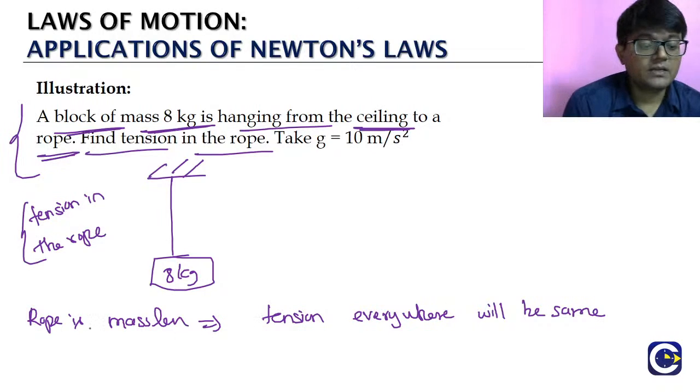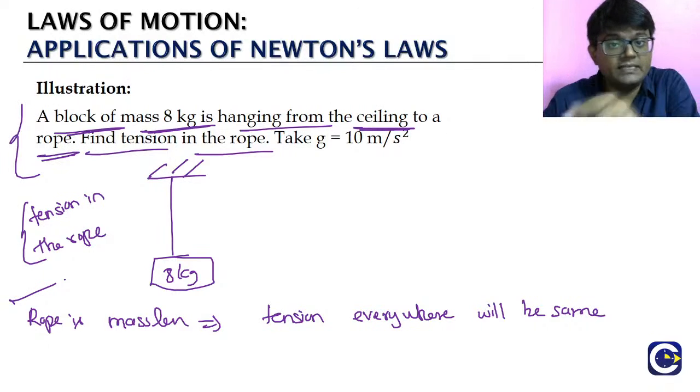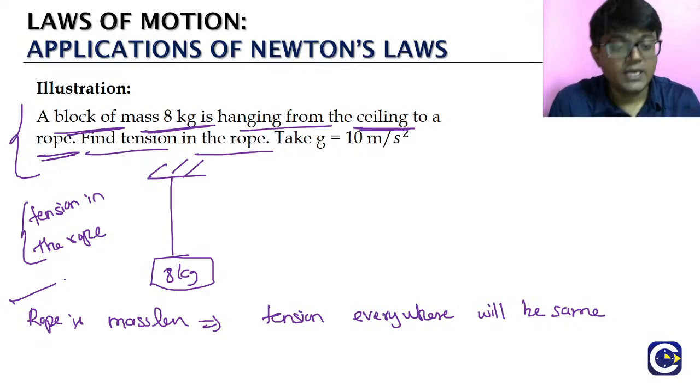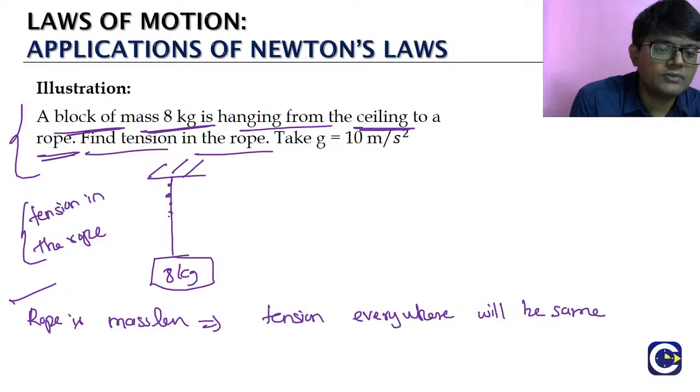But when the rope is rolling over a pulley, there is a different set of assumptions. Already we talked about it, but when we go to the specific problem we will discuss it again. Here they didn't even mention whether the rope has mass or not. When they don't mention, we have to assume that the rope is massless. That is a standard assumption. So here the rope is massless, which means everywhere in the rope the tension force will be the same, and that is what they are asking.